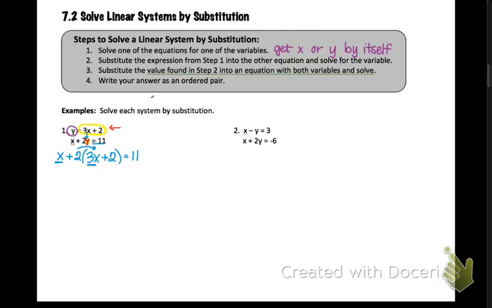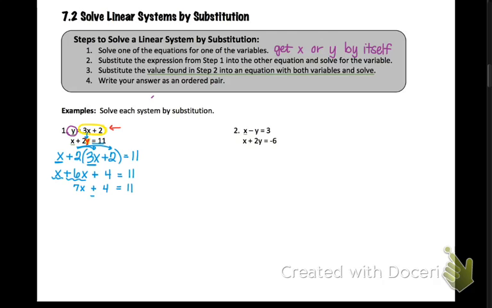So we'll start by distributing 2 times 3x and 2 times 2. So we get x plus 6x plus 4 equals 11. I'm going to combine my like terms. X plus 6x is 7x plus 4 equals 11.